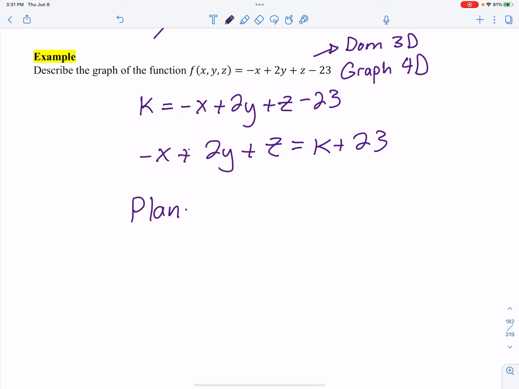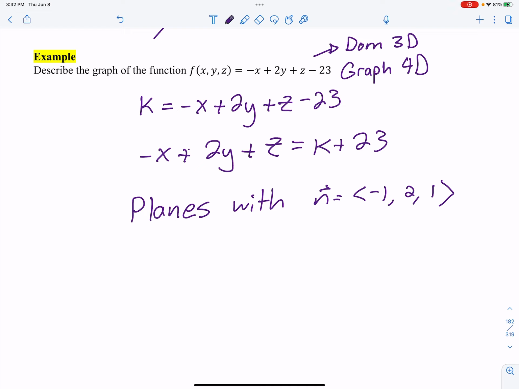We'd have planes with a normal vector of negative 1, 2, 1. The only thing that is changing is where that plane sits. So as we change the k going up, the planes are just going to get higher and higher in the z, or lower and lower in the z.